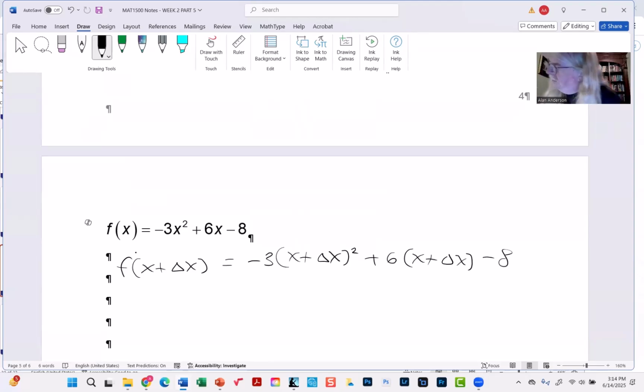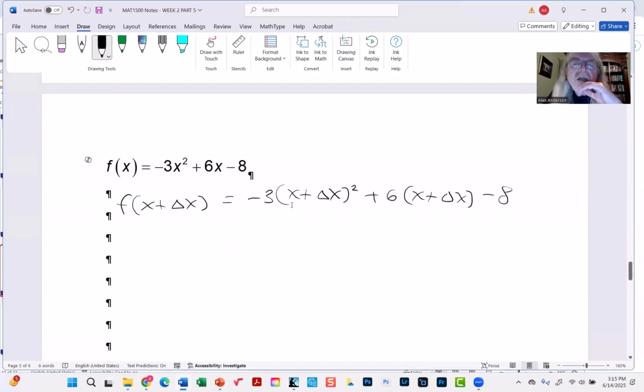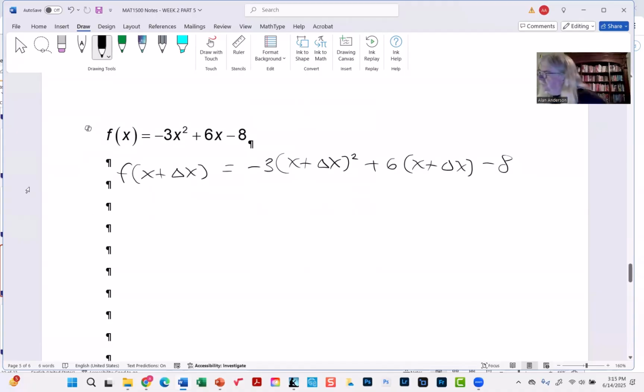All right. So remember what's happening here is you're just replacing all the x's with x plus delta x. Now over here, we've got x plus delta x squared. Apply FOIL in this case.